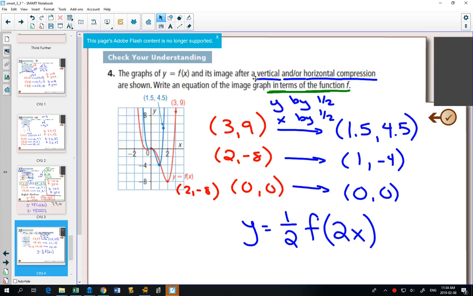What I'm going to do right now is introduce another method for looking at it that's going to be helpful, especially when we get to 3.4 and 3.5, when we get more complicated ones. Because eventually what's going to happen is we're going to put our stretches and compressions with our translations together.